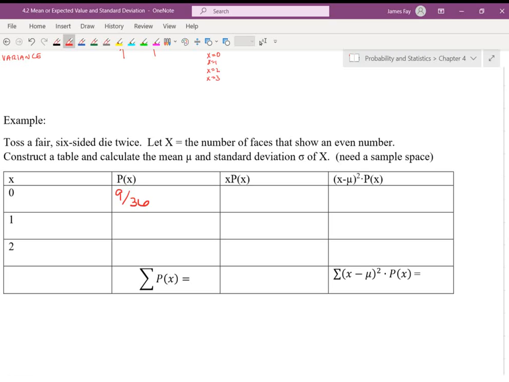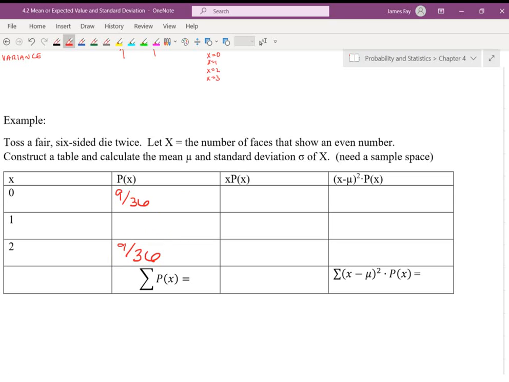So they're both even when they show up. If both being odd was 9 out of 36, both being even would be 9 out of 36. Does that make sense? Okay, if you go back through the table there and count like a 2-2, a 2-4, a 4-6, there's going to be 9 of those. Okay, 9 when they're both even.